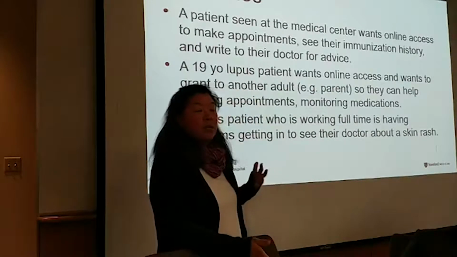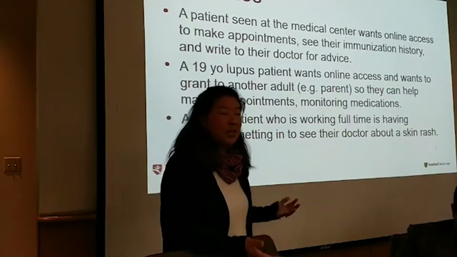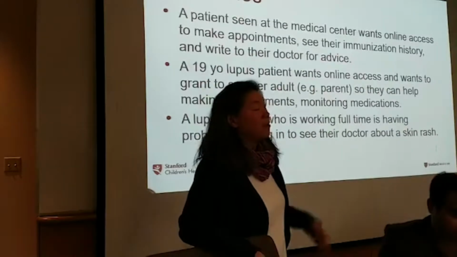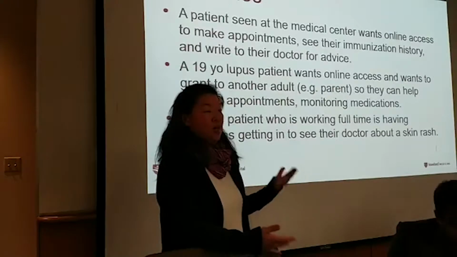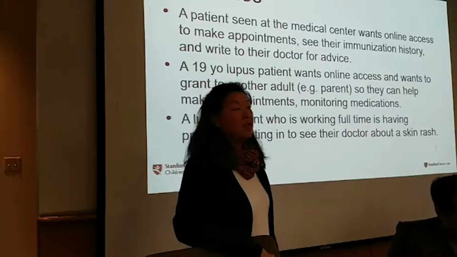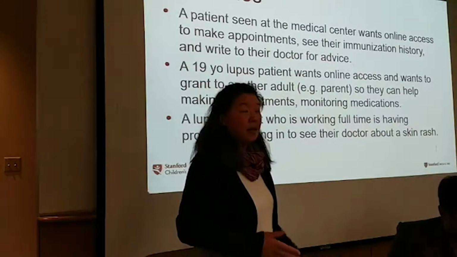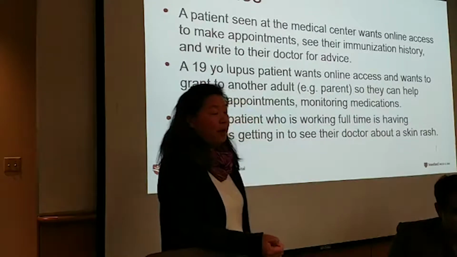How do we do that? There are some confidentiality and security issues that come up, and people are always a little leery of what they can look at online and whether anyone else can see it. That's something people worry about.